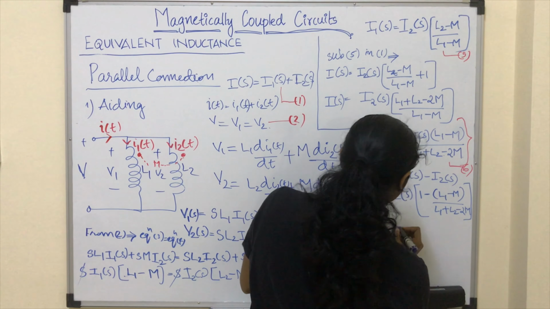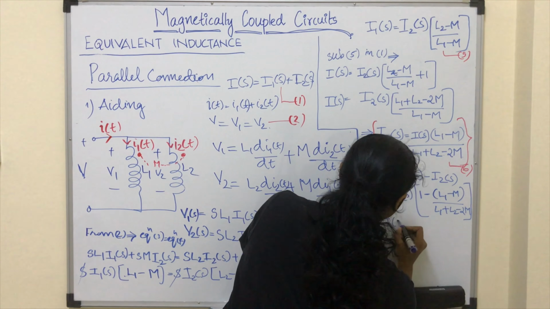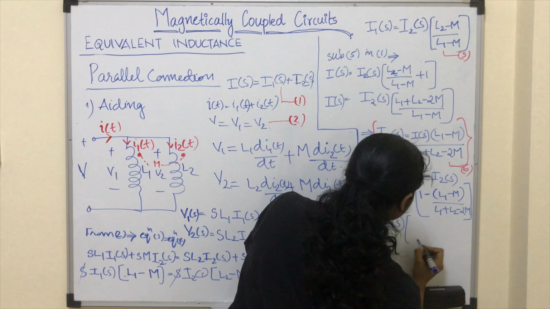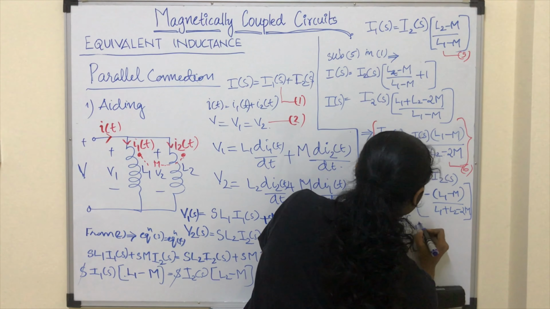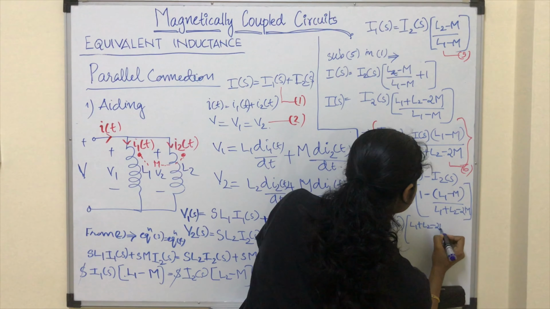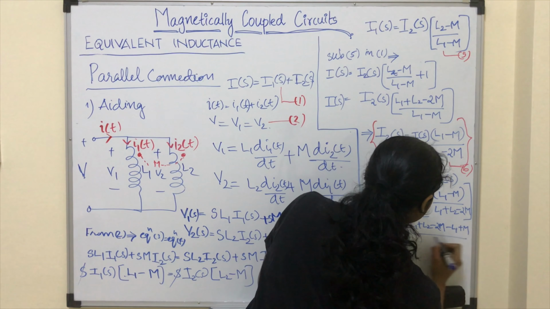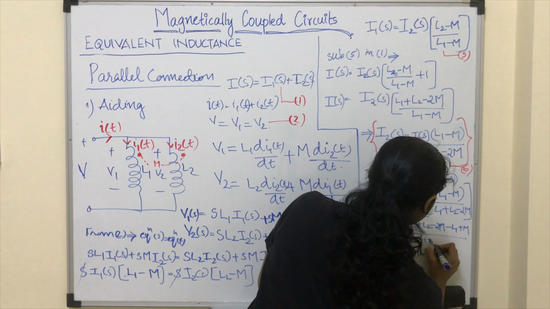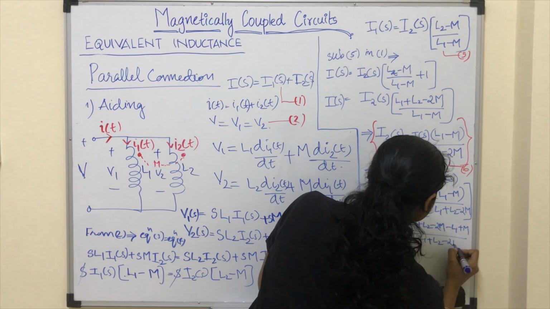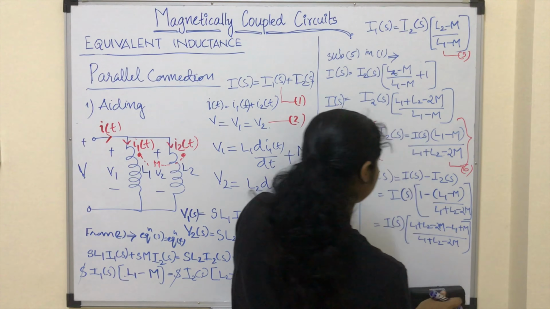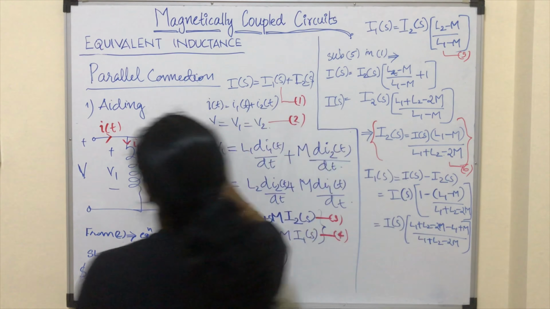Okay, that is I of S into (L1 plus L2 minus 2M minus L1 plus M) by (L1 plus L2 minus 2M).